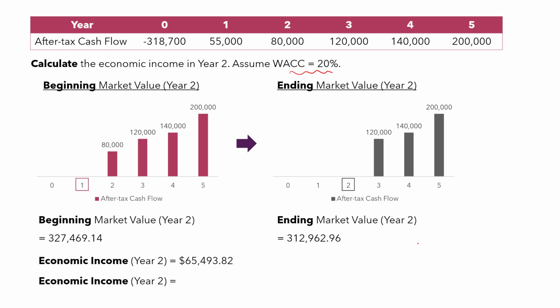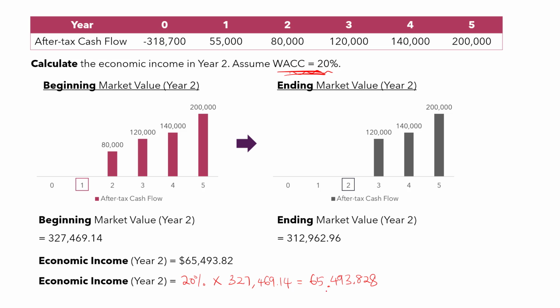Another alternative method to calculate the economic income is to take the economic rate of return multiplied by the beginning market value. Here the economic rate of return is 20%, which is the WACC in this case. So we could have just taken 20% multiplied by the beginning market value, 327,469.14, and that will give us 65,493.828.